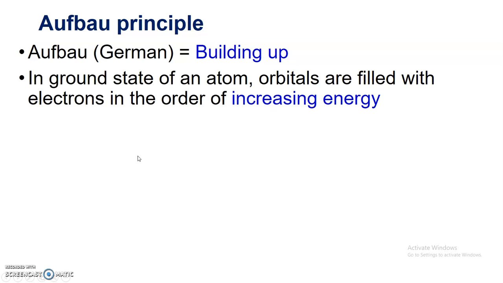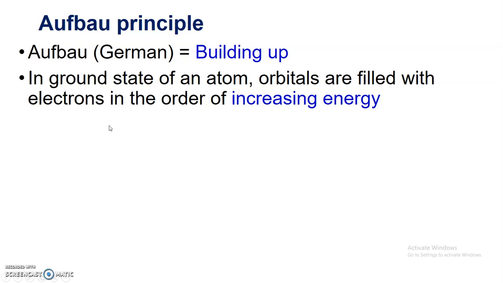And according to the Aufbau principle, in the ground state of an atom, orbitals are filled with electrons in order of increasing energy. It means the lower orbital is filled first. For example, in a particular atom, suppose there is only one electron, for example hydrogen, then that electron prefers to accommodate in the lowest energy orbital, that is the 1s orbital.